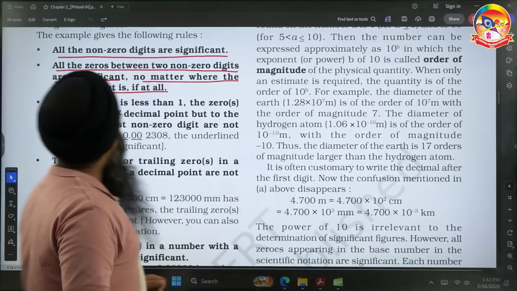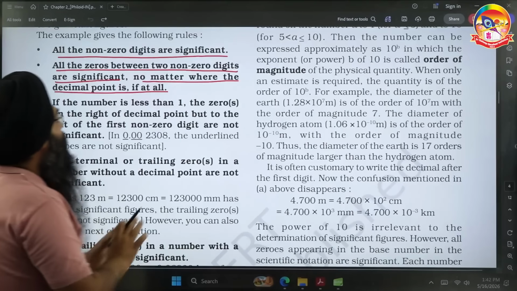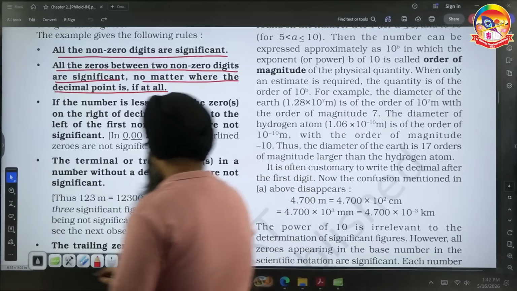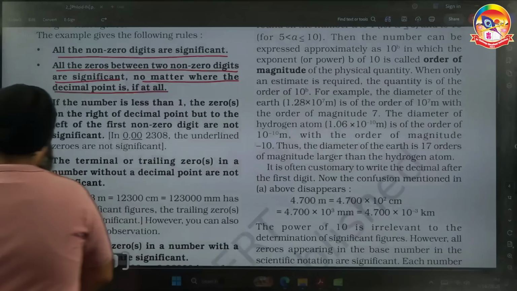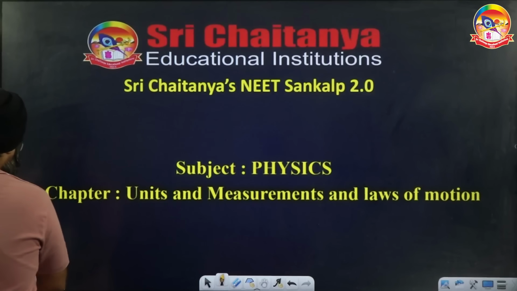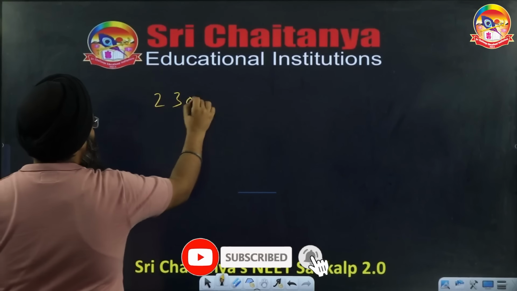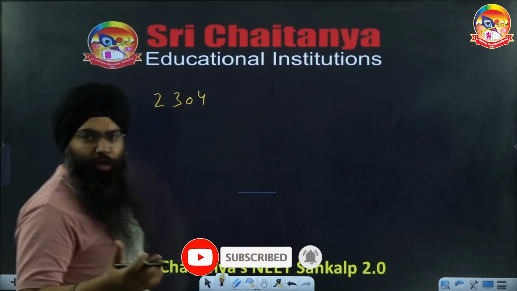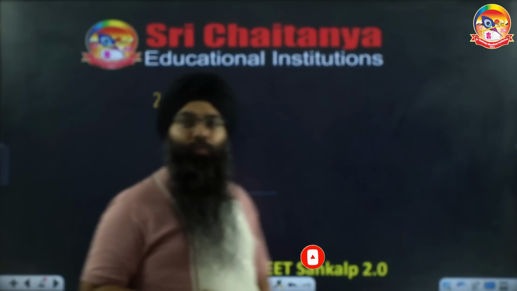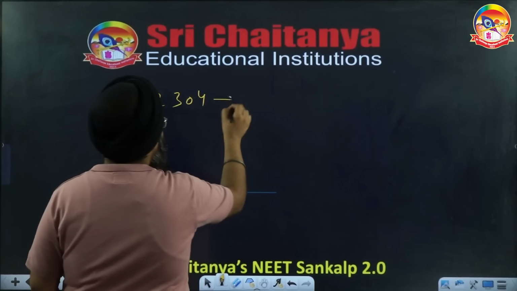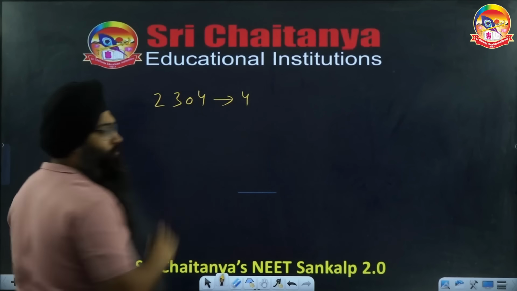They are saying that if there is a zero between two non-zero digits, let us suppose 2304. Suppose you have done some measurement and the result came out to be 2304. How many significant figures will be there? The significant figures will be 4.